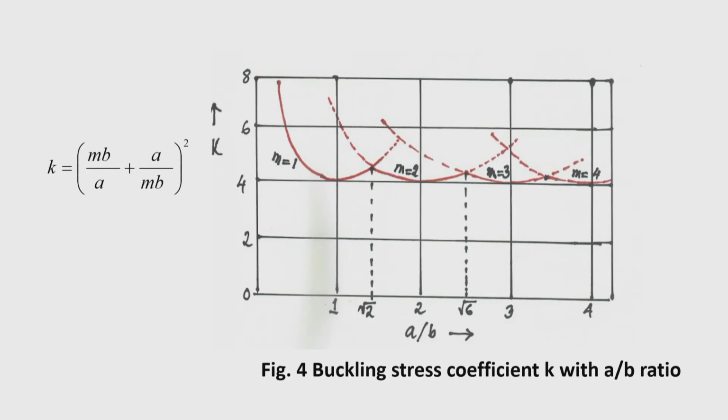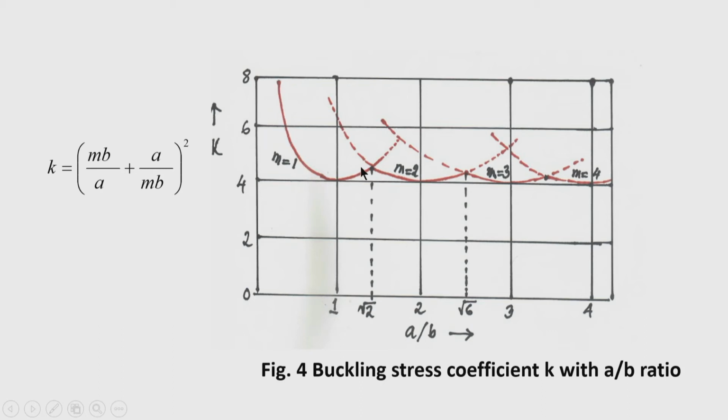Okay. We represent graphically how k varies with the aspect ratio. So, in the x direction we plot the a by b ratio, and in the y direction it is the value of k. Okay. So, for m is equal to 1, for different values of aspect ratio 1, 2, 3 and any non-integer value also, we have plotted the curve for k.